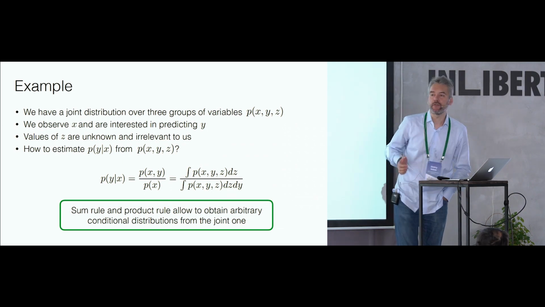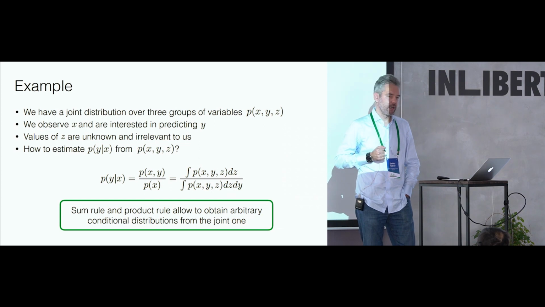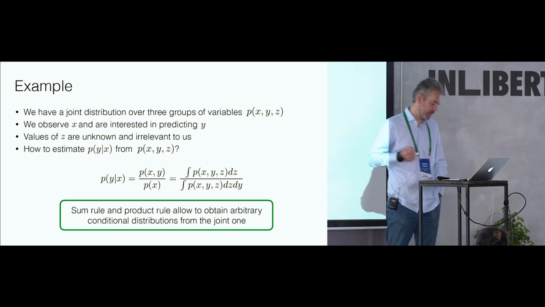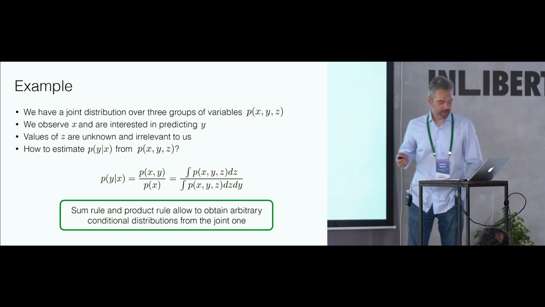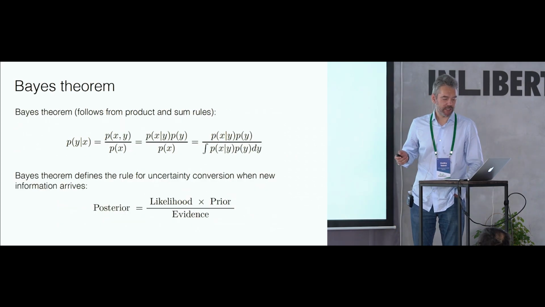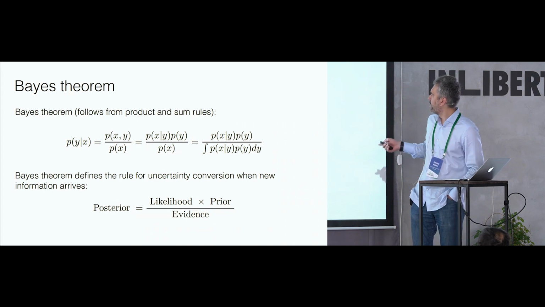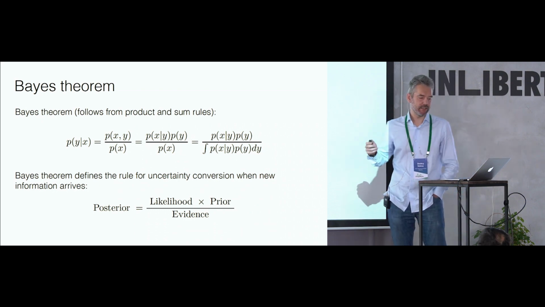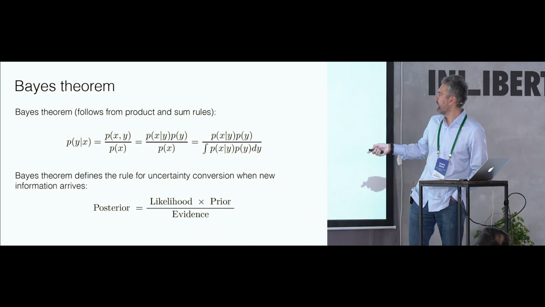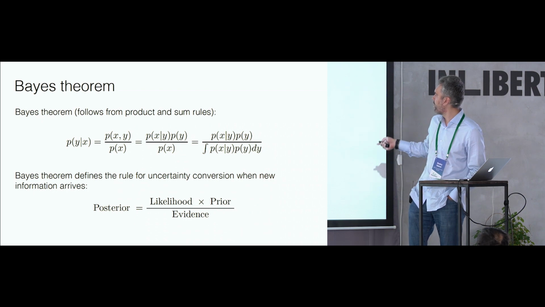Okay, and another direct consequence of those two rules is the famous Bayes theorem, which was proved in the 18th century, so a long time ago. The idea is pretty simple. If I have access to the conditional distribution P of x given y, and we have access to our prior P of y, we can always transform our prior distribution to the posterior distribution, P of y given x, just by using the definition of conditional distribution and by applying the sum rule.